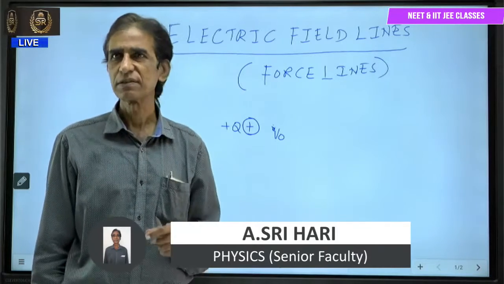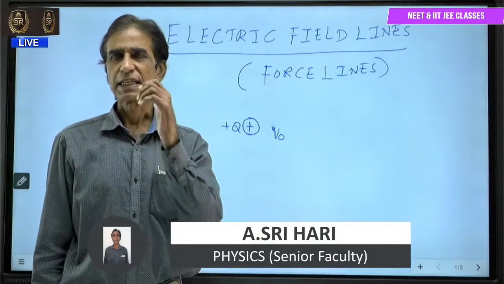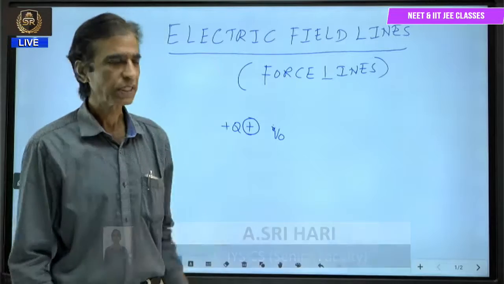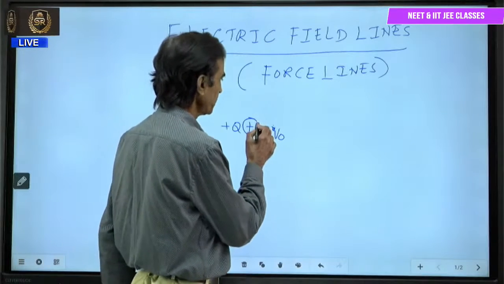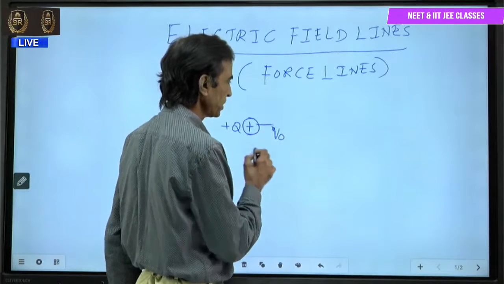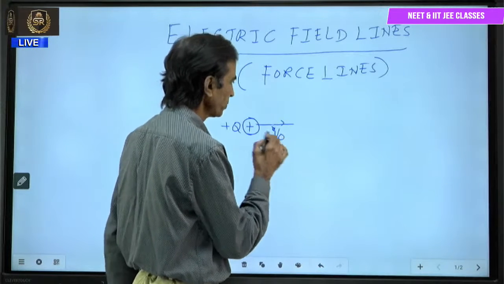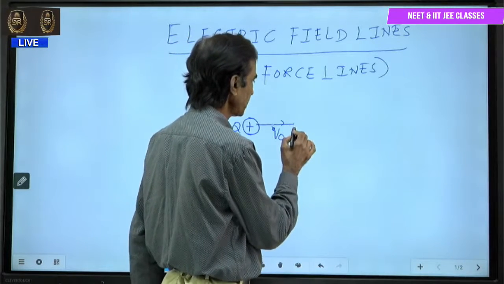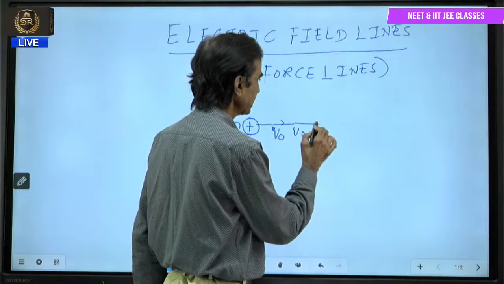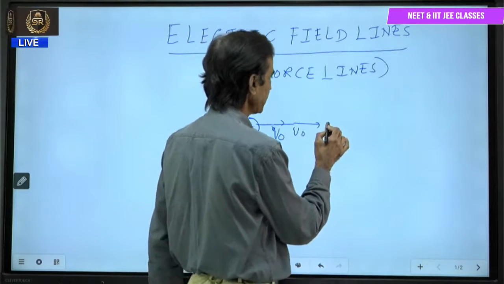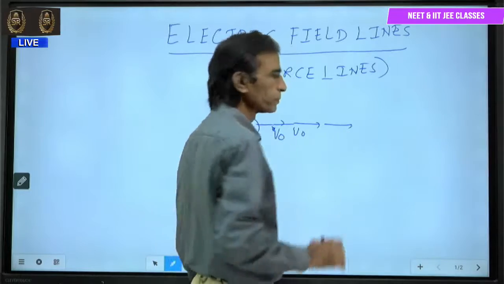Away from the charge in a straight line, that is along the line joining the two charges. It will move away in this direction only. If I keep it here, it will move like this. If I keep it here, then it will move like this.